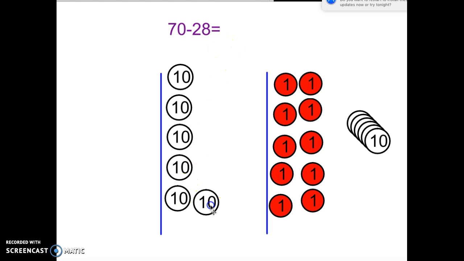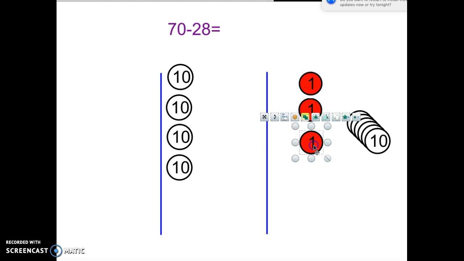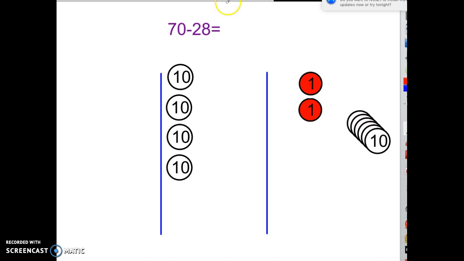I can. So here's 10, here's 20, here's 21, 22, 23, 24, 25, 26, 27, 28. And what do we have left? Let's count. We have 4 tens and 2 ones. What does that become? 42. So that's our answer. It's pretty easy, isn't it?